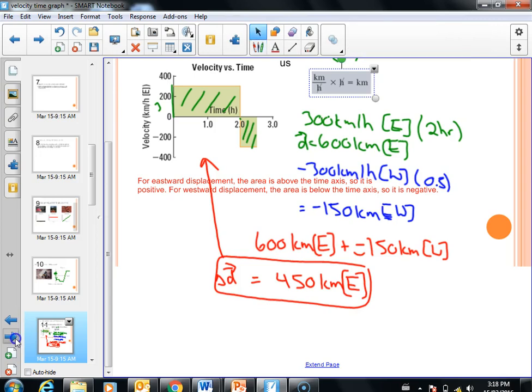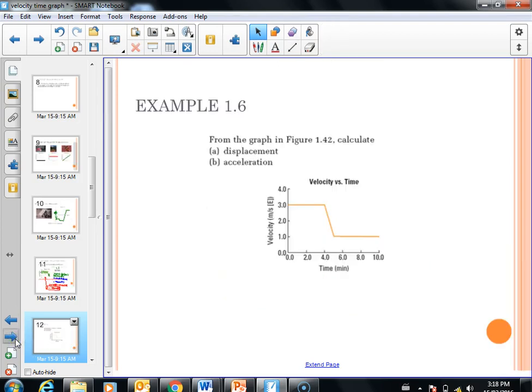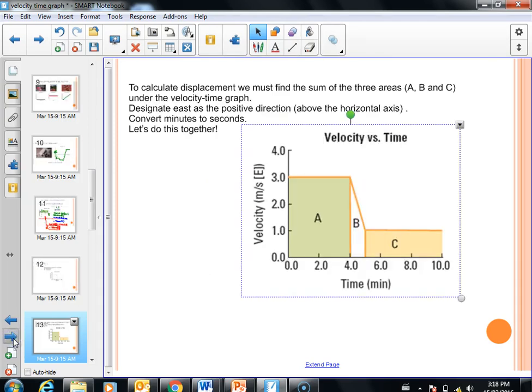We can also find acceleration through the slope, which we did with the plane example. What else could we possibly do here? Well, just another example of a velocity time graph, a little more intricate because we have multiple parts in this graph. But we can also find displacement and acceleration from this graph. So to find the displacement, we have to find the sum of the three areas.